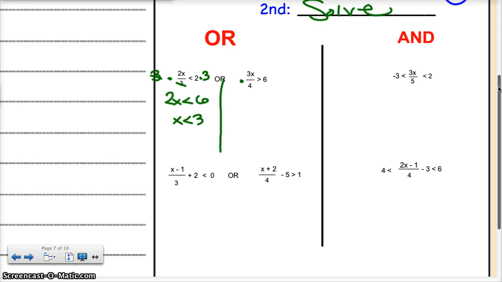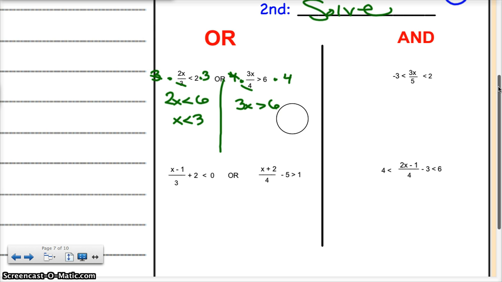The other one, the denominator is 4, so I'm going to multiply both sides by 4. It cancels it out. I'm left with the top. The top was 3x. 3x is bigger than 6.